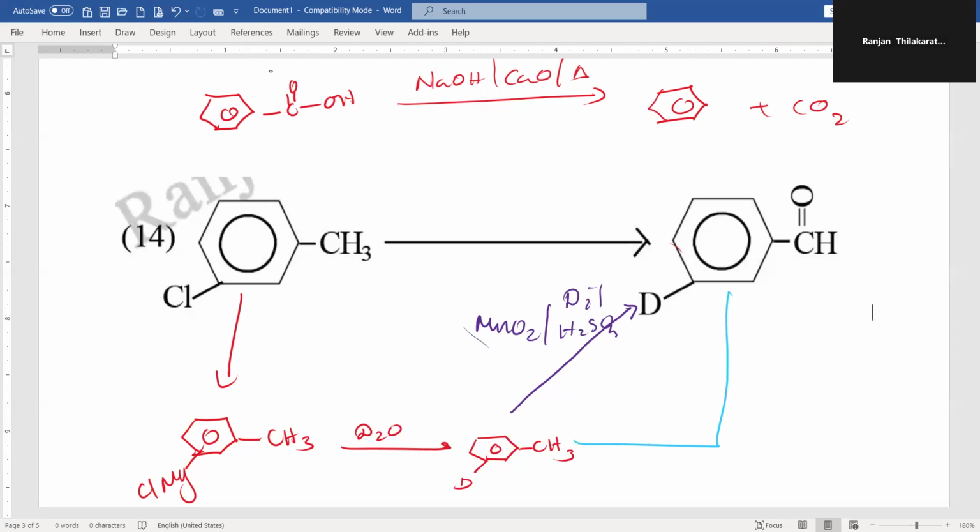Another method of doing that is the conversion of that into this. First you convert that into this, here you have the D, and you can convert this into Cl and Cl and hydrogen, and then convert this into that.